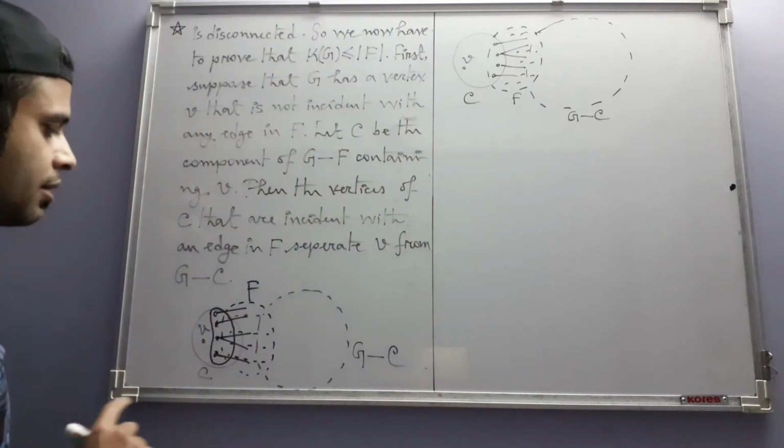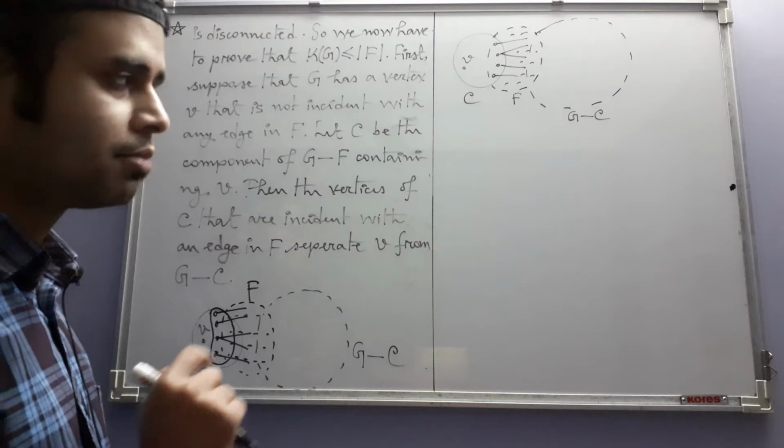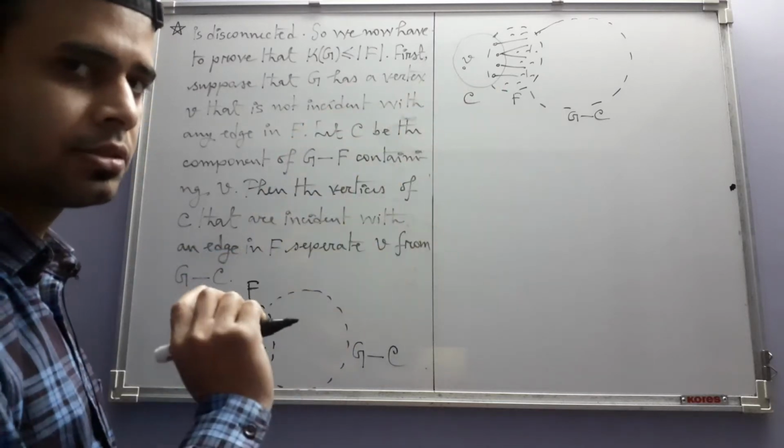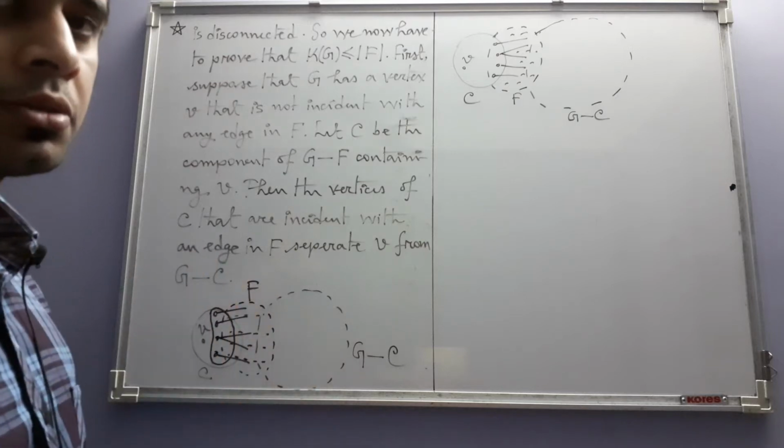Now we are claiming that removal of these vertices separates V from G minus C, and suppose that is not true.